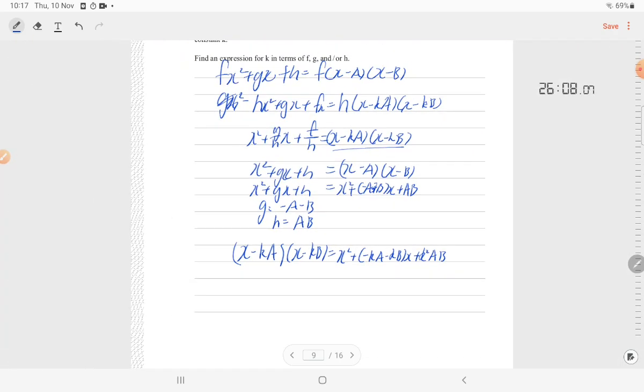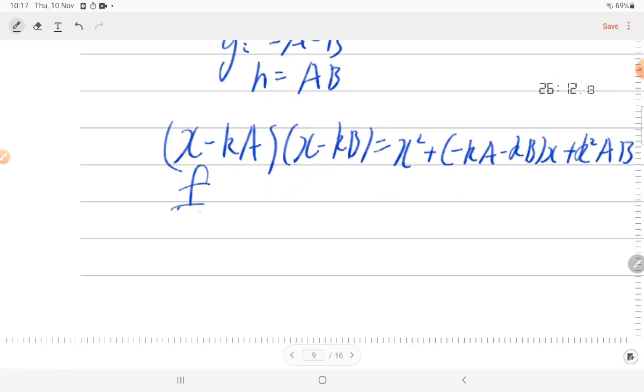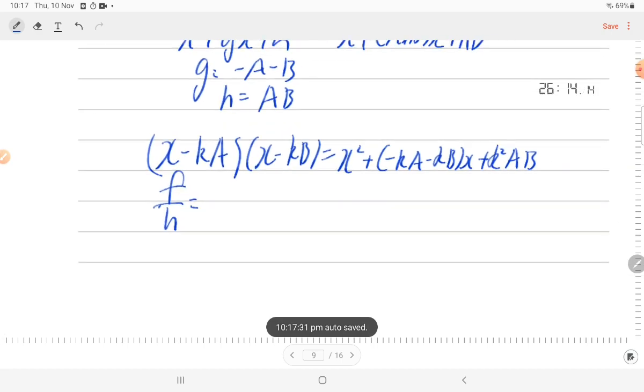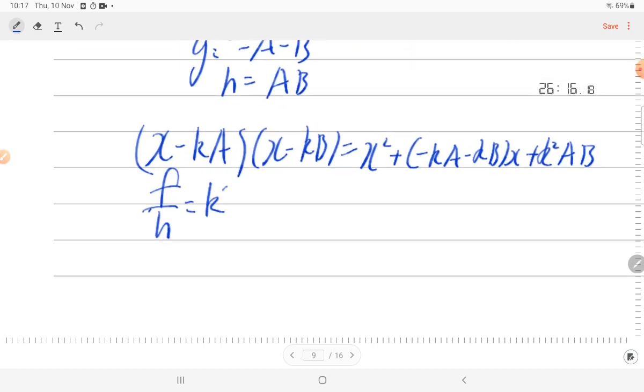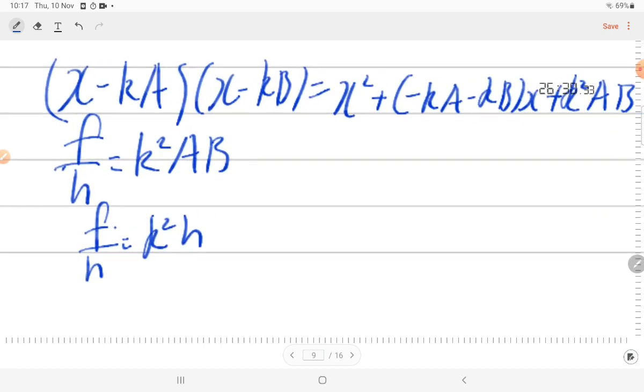So yeah, f over h is equal to k a b, f over h is equal to k squared, so k squared is equal to f over h.